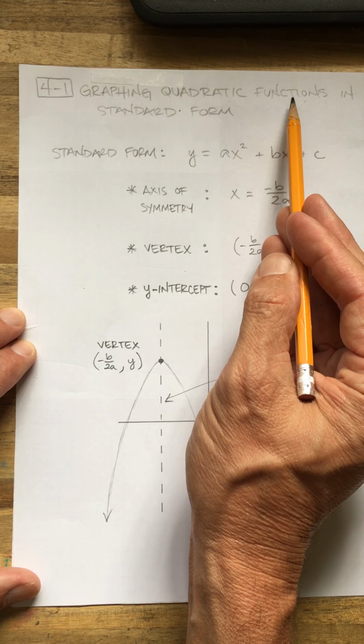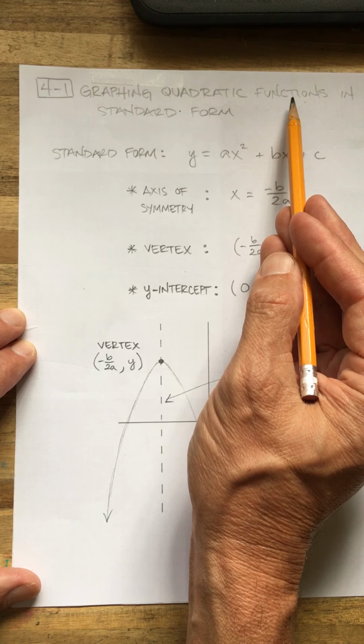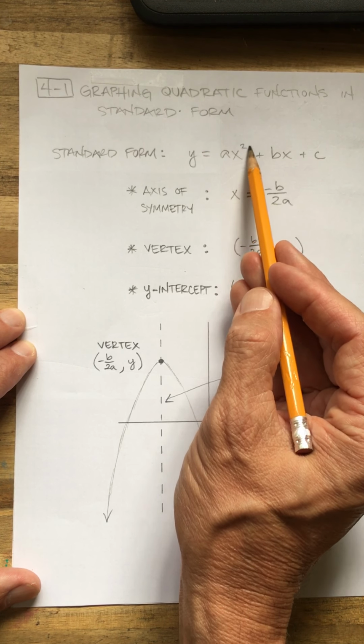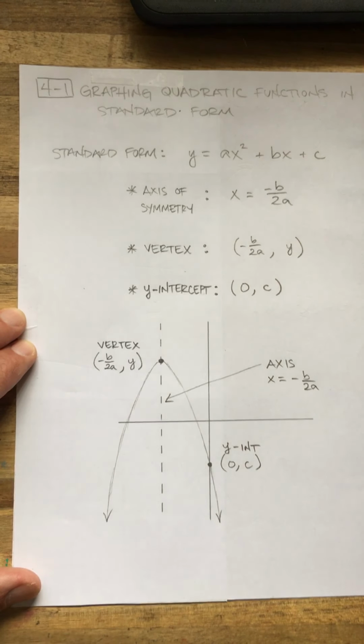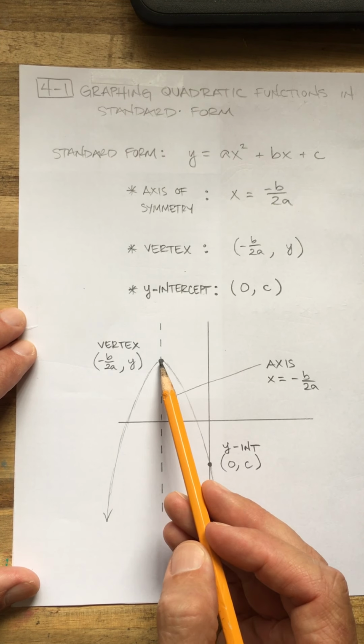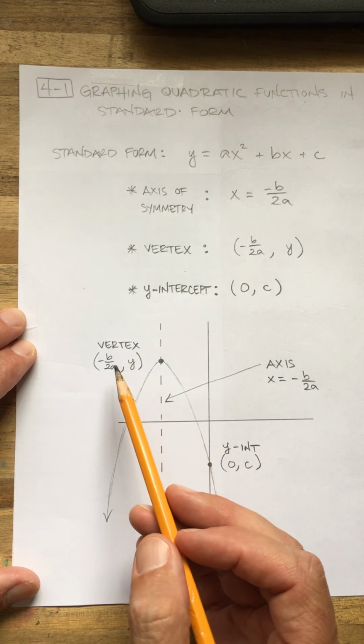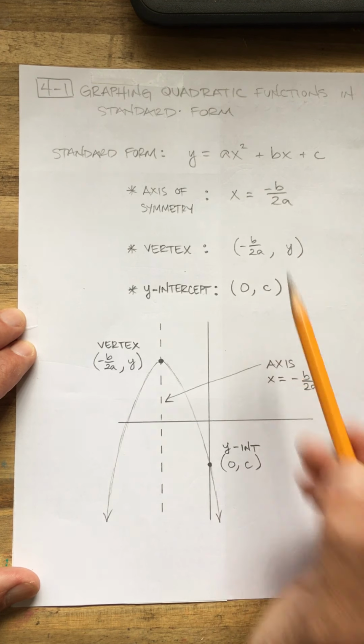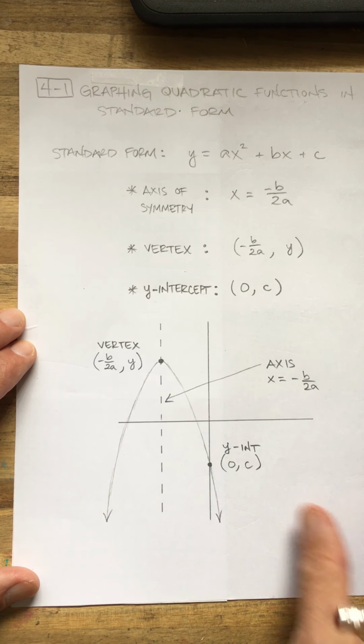How do you tell that it's a quadratic function? Well, it's quadratic because of the x squared. This x squared makes it a quadratic function. So these 2 things, vertex and parabola. Now the vertex says it's negative b over 2a, comma, y. So let's see what that means exactly.